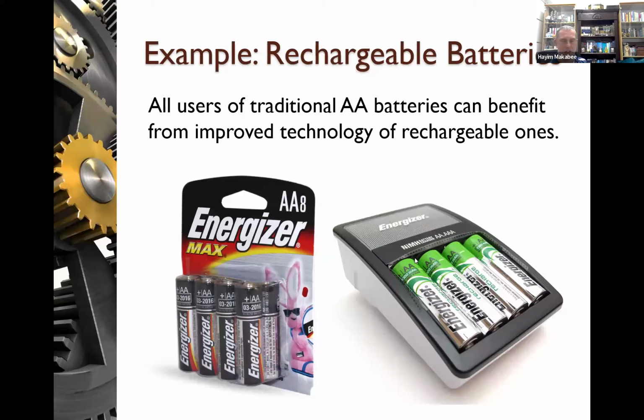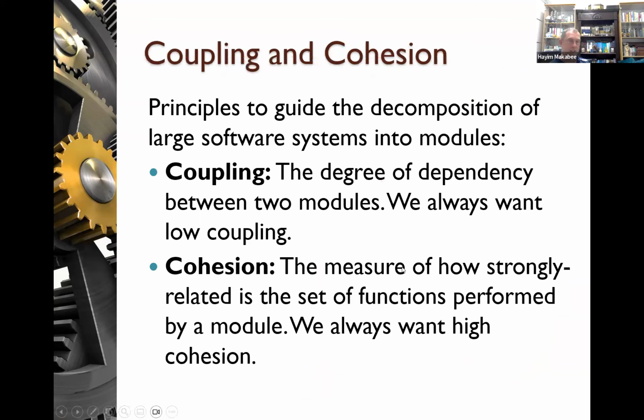Okay, so this is an example of evolution of one specific component that benefits the entire ecosystem. Now, let's see software examples. In the case of software, it's very important to have principles for the decomposition of software systems.